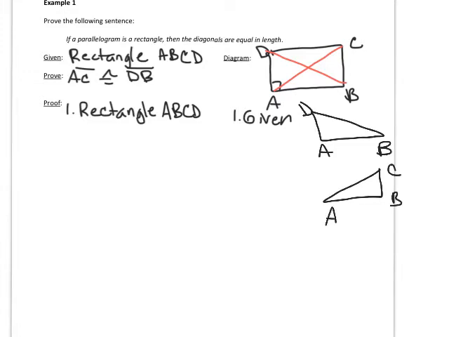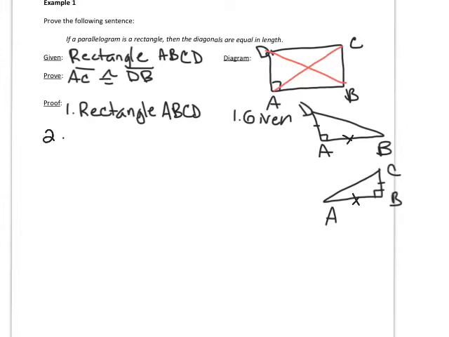If I look at that, I can use the rectangle properties to say that those two angles are congruent because rectangles are equiangular. And I also know that opposite sides of a rectangle are congruent, and AB is shared by both of these triangles, and AB is reflexive. So that's how I'm going to show the triangles congruent, and then I can go back and use CPCTC to say those two other sides are congruent.